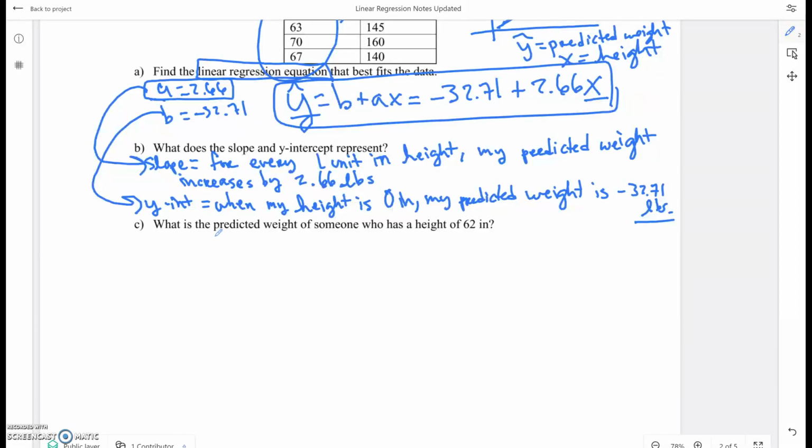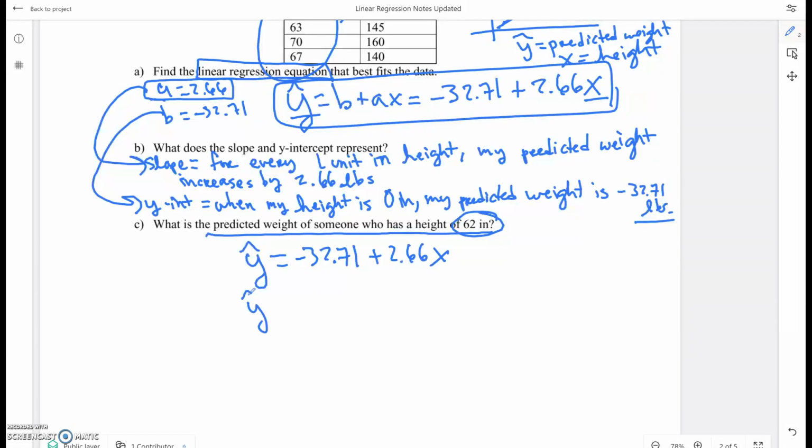Then it says, what is the predicted weight of someone who has a height of 62 inches? Well, I know my regression equation: y hat equals negative 32.71 plus 2.66x. I want to figure out someone's weight if I got someone who's 62.